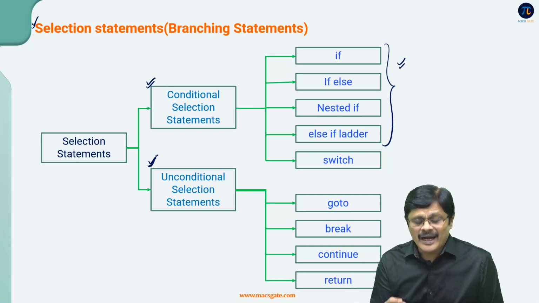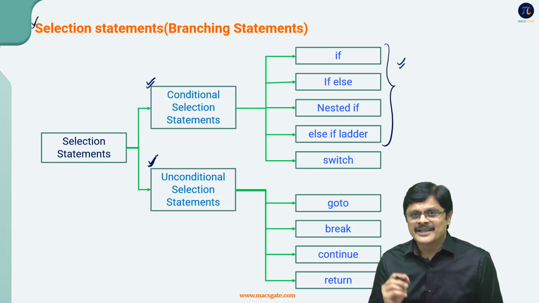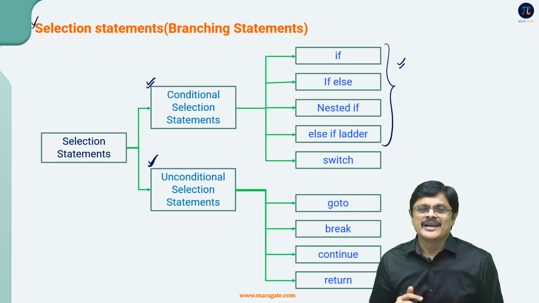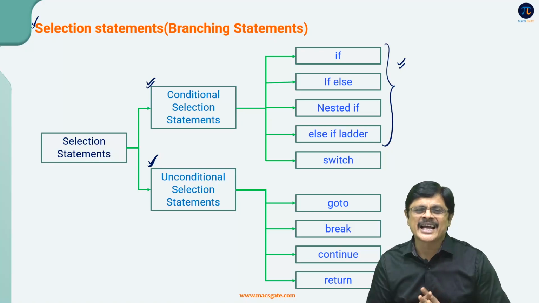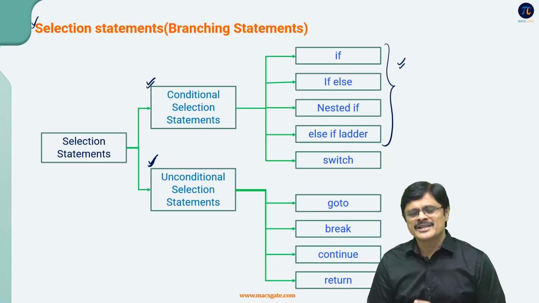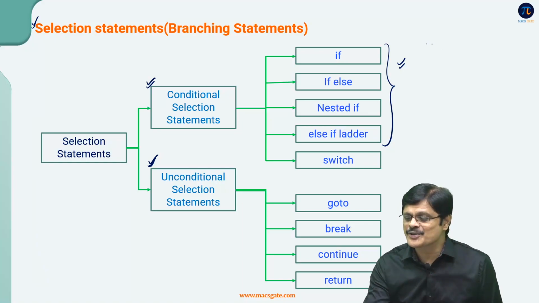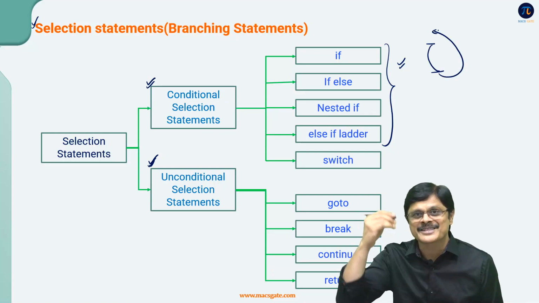And among unconditional statements, the main one is the goto statement. Actually, the goto statement creates unstructured programming, which is not a desirable method, but C also allows you to create unstructured programming using goto. See, unstructured programming means you start here, you move here, then from here you can go back to some previous stage.